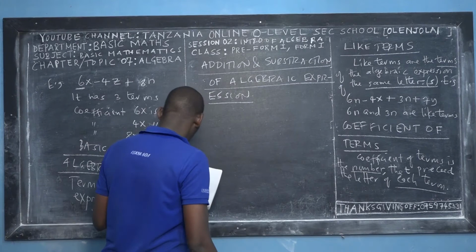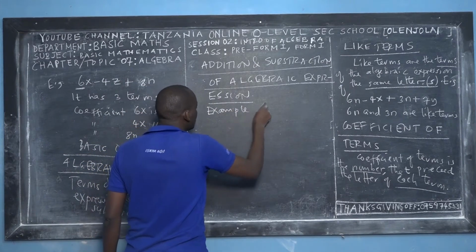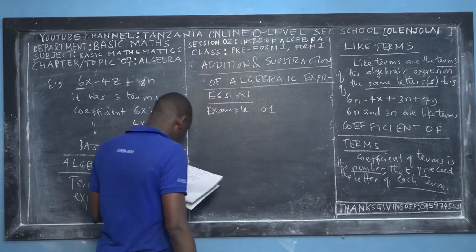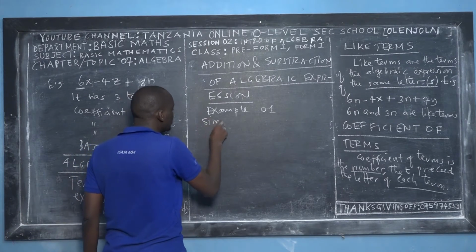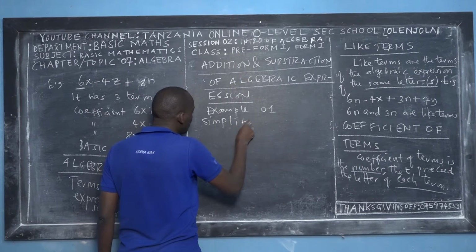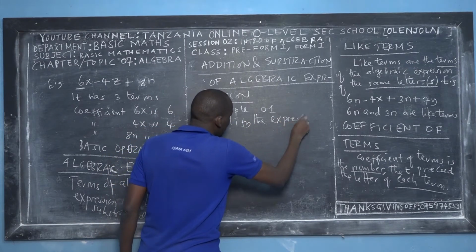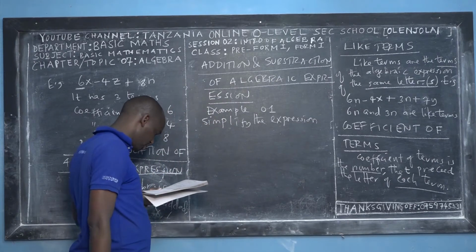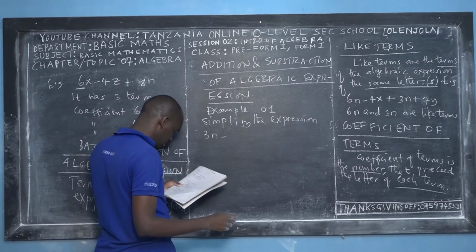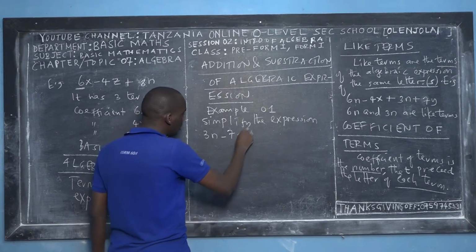So let us go straight to the example, right? This is example 1. Simplify the expression 3n minus 7n plus 12n.